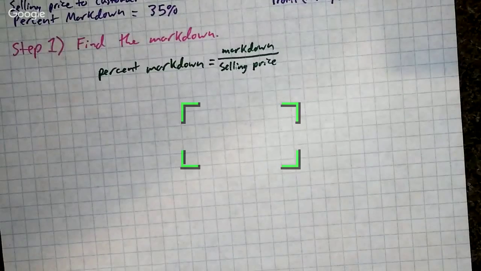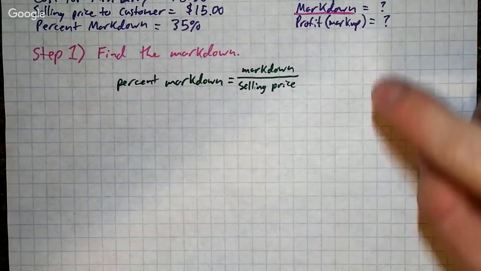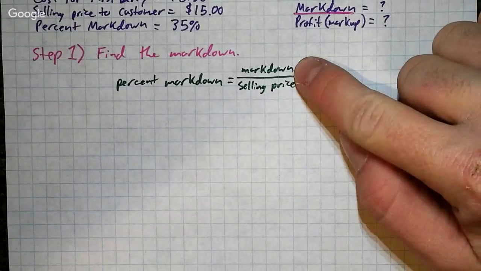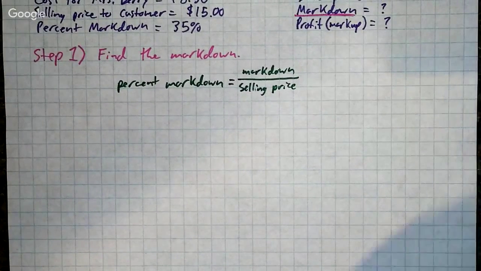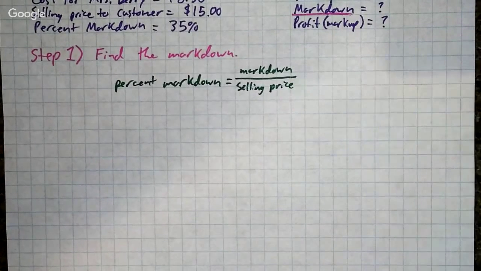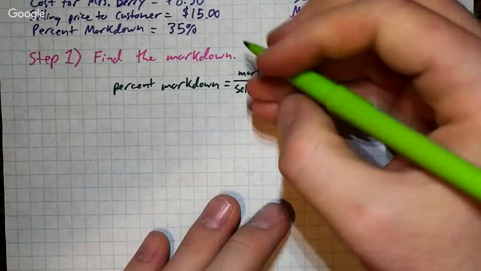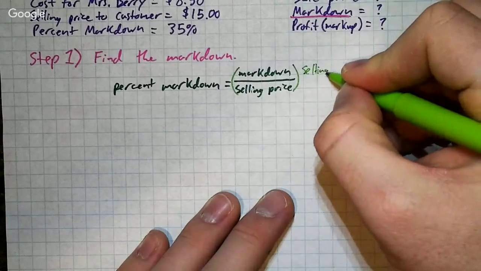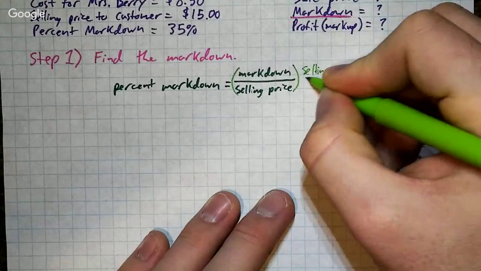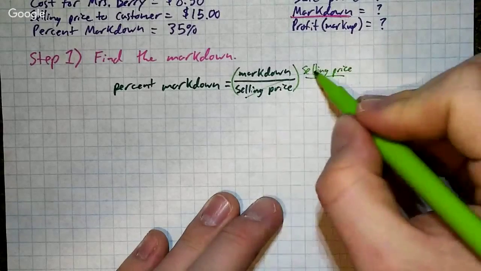Now, the one thing we don't know right now is the markdown, so I want that by itself. What's an easy way to get that by itself? Well, since the selling price is on the bottom, let's multiply, in a different color again, all of this by the selling price over 1. That will cross out our selling price.